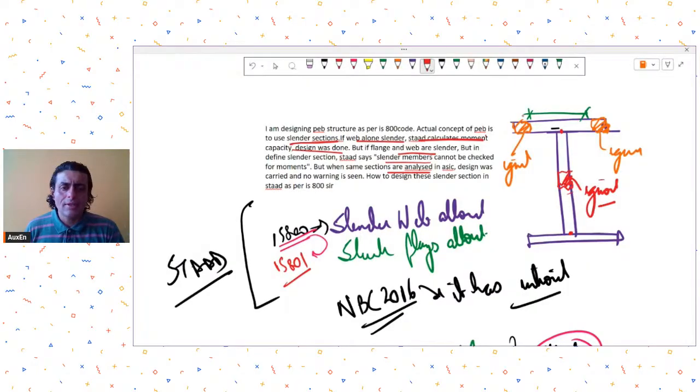So my suggestion would be not to go for slender flanges, because there are other issues, and due to less quality control ensured on our Indian sites, it is better to restrict ourselves to semi-compact flanges.